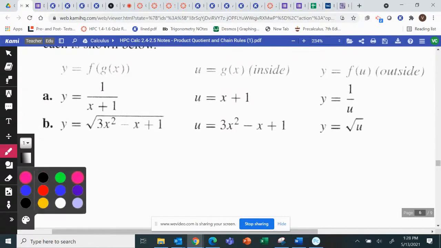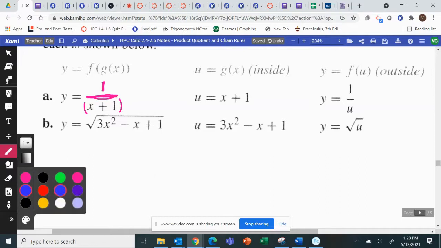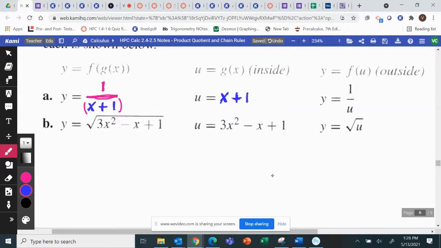For this one, the outside is going to be the 1 over something. They called it 1 over u because they're using a u substitution for x plus 1. The inside would be the x plus 1. So my outside function is 1 over something, and my inside function is x plus 1. You would get 1 over x plus 1 by doing f of g of x.